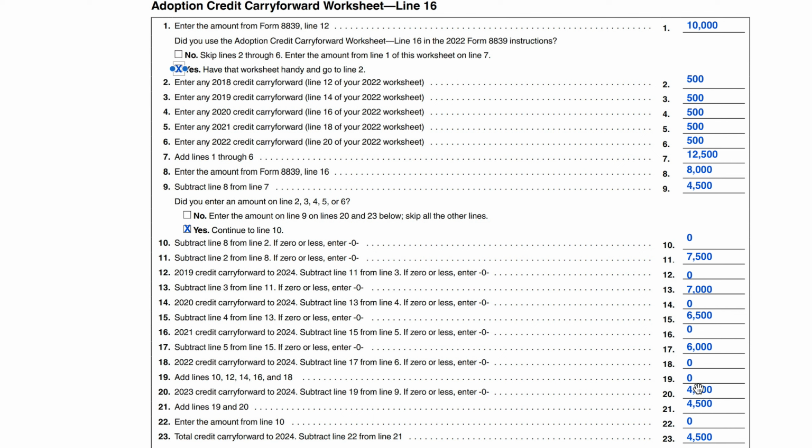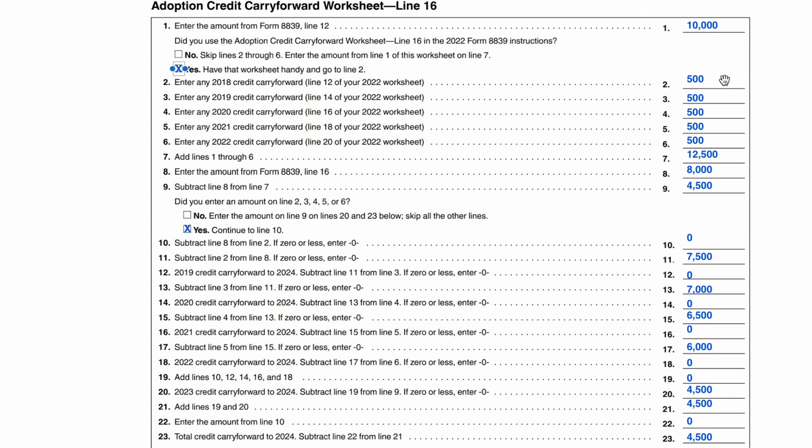So we're going to add lines 19 and 20. We don't have any other prior year carry forwards, so this line 23 represents the total credit carry forward to 2024.